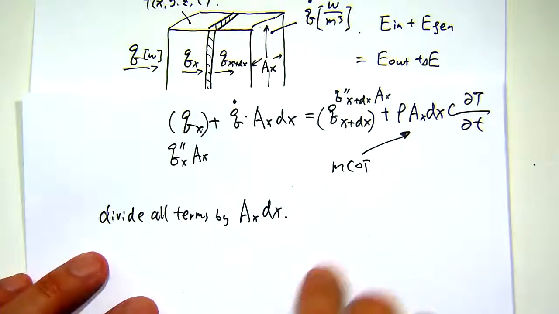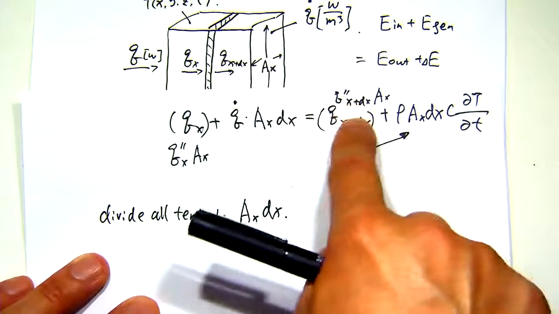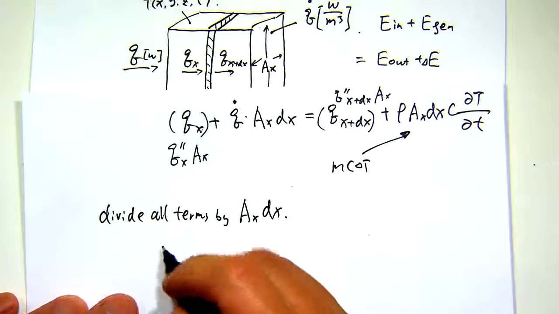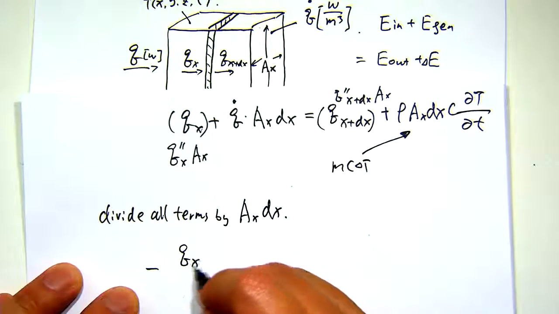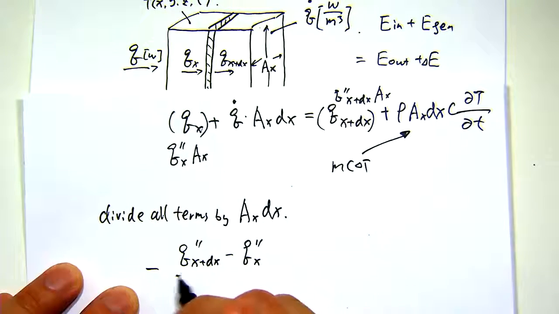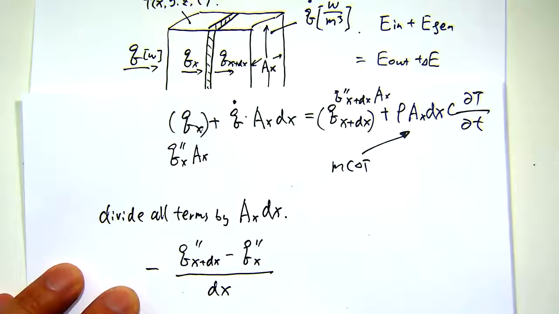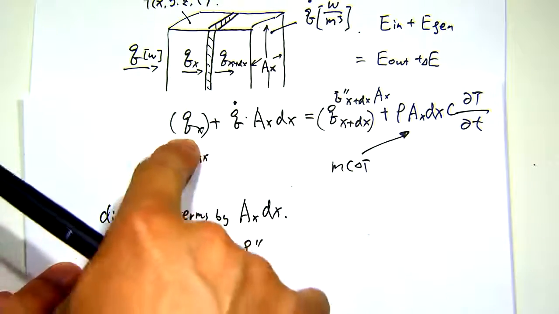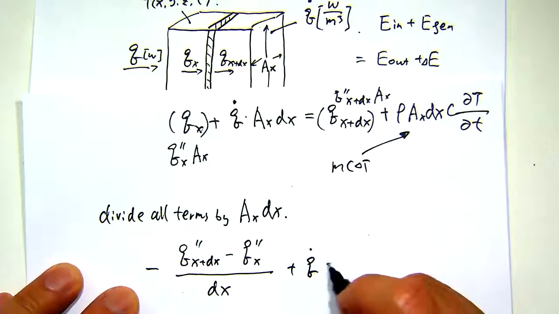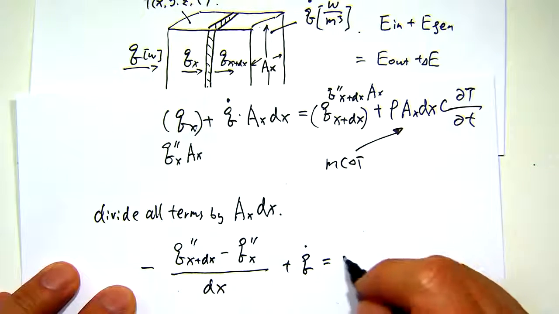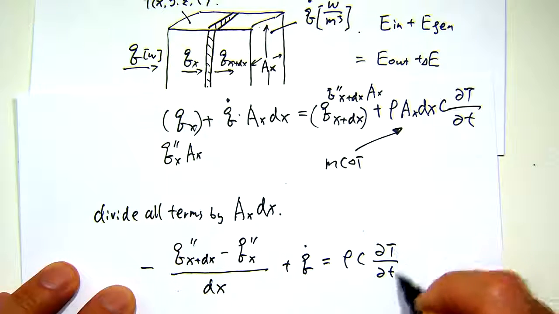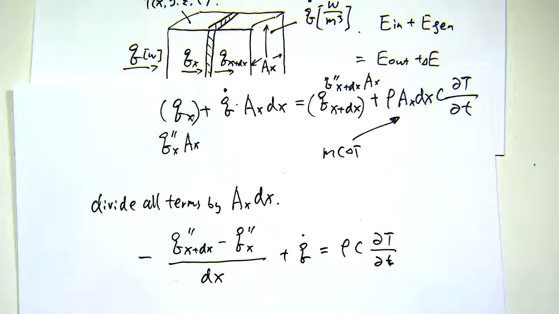By doing that, I move this x plus dx term to the left-hand side of this equation. Then I will have q double prime at x plus dx minus q double prime at x, over dx. Move this term to the left-hand side. And then this q dot will stand by itself. And then I have the rho c partial T partial t there.